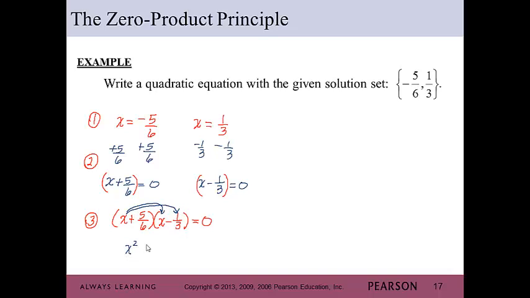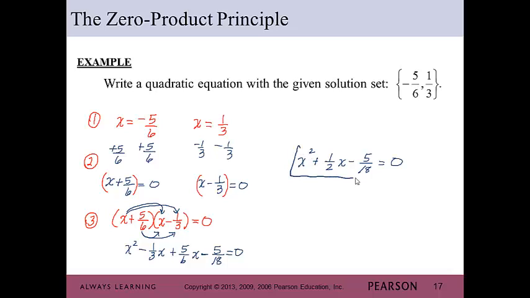X times negative 1/3 is negative 1/3 x. And then you have plus 5 over 6 x. And then minus 5 over 18 equals 0. Simplify by combining your like terms, your middle terms. So you have x squared plus a half x minus 5 over 18 equals 0. And here's your quadratic equation.